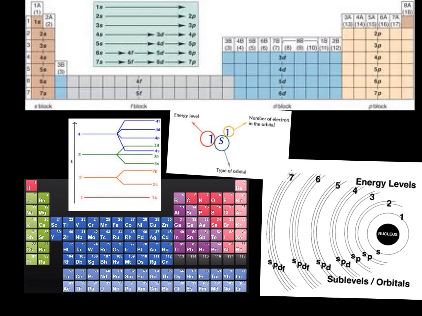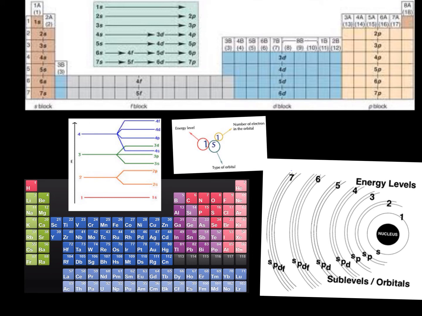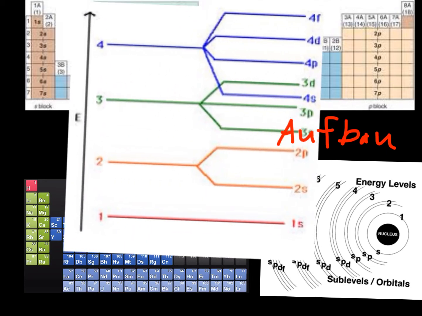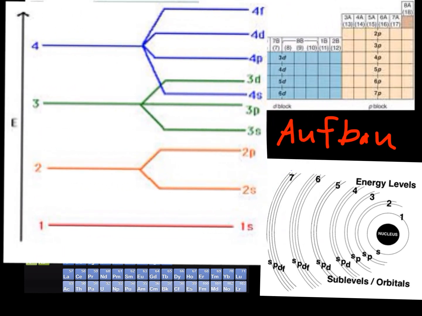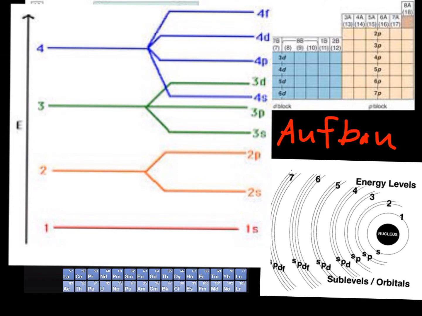Now, our Aufbau principle. Aufbau said we fill our energy levels, the lowest energy level first. So if I take all of my energy levels and show you how much energy they have, energy is increasing going up. We fill our first energy level, our second, our third, our fourth.